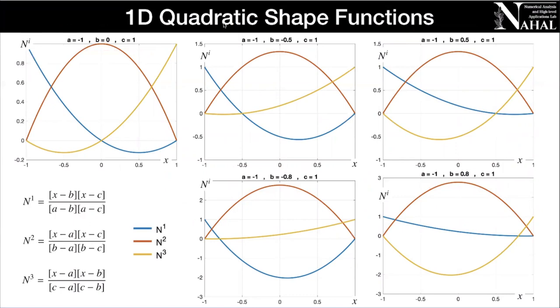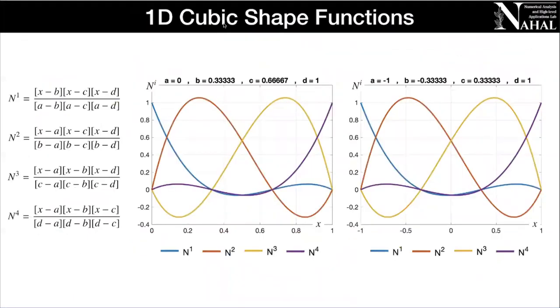Here, for instance, if b is minus 0.8, that would be somewhere here. You can see that again the red function is 1 at that point, and at the other two, it is 0. So it holds that property the way we expected it.